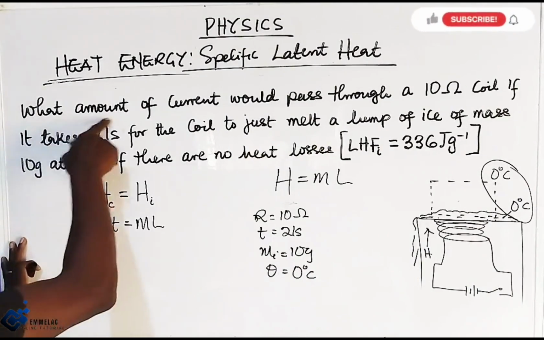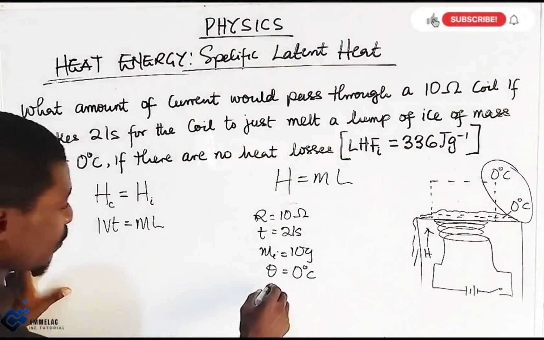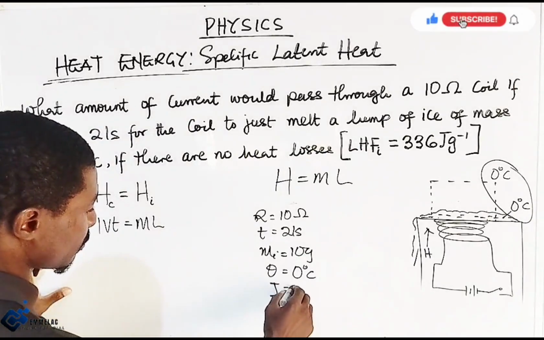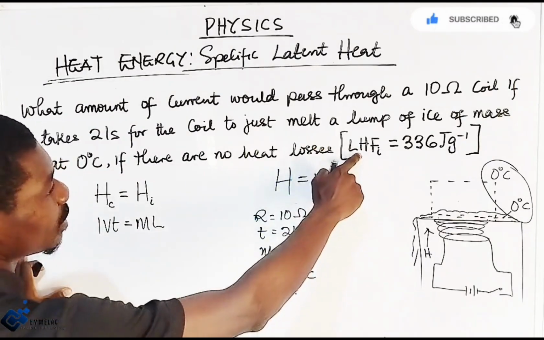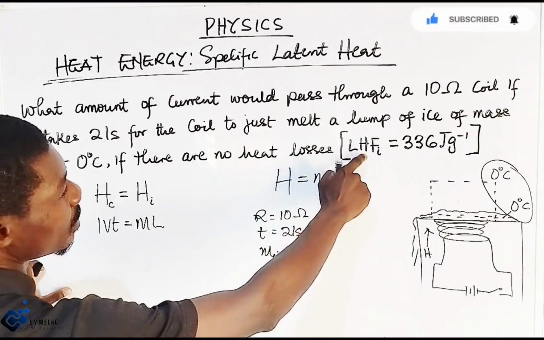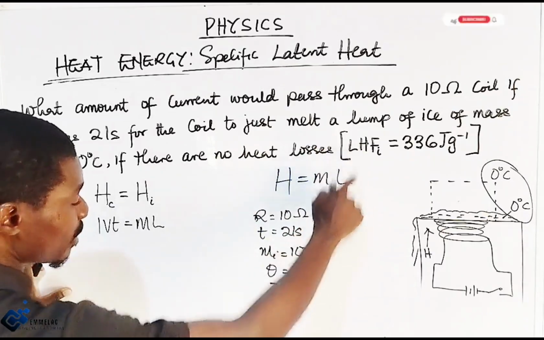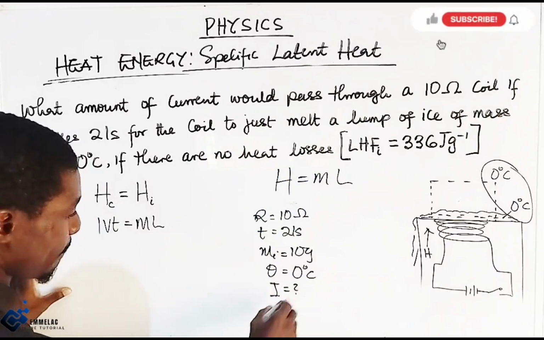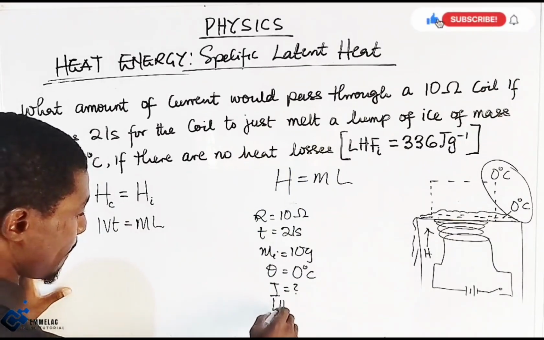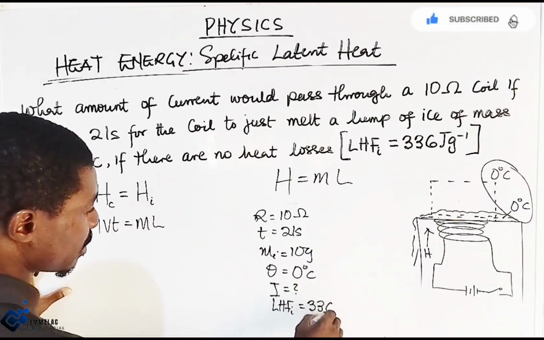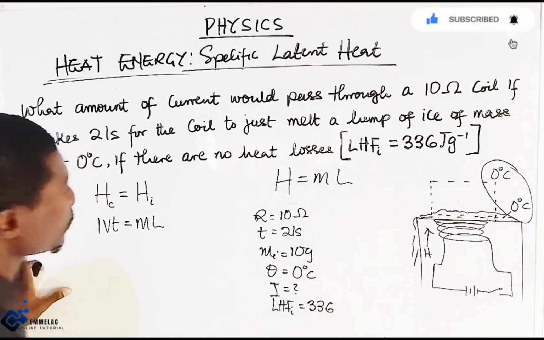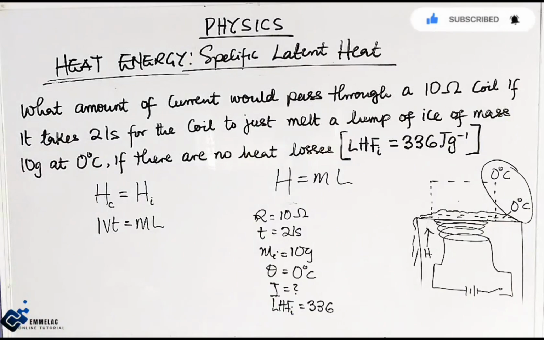We are told to find the amount of current. So we are looking for the current. The latent heat of fusion of ice is given as 336 joules per gram. Any other thing we need to put in place?